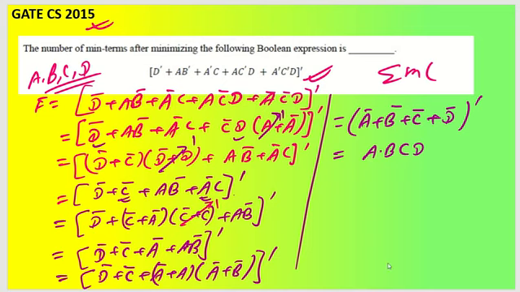So this is how in De Morgan's theorem we get A B C D, and you can see A B C D is a single term, which is going to be only one min term. Alright, so you can see the number of min terms after minimizing the Boolean expression is going to be just 1. Let us take another question.